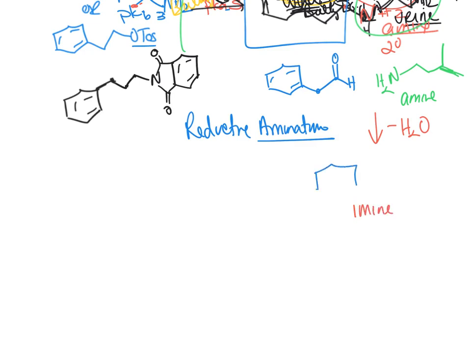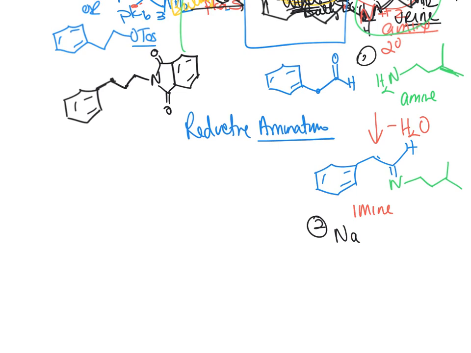So we will have this here, and then the nitrogen comes here, forms the carbon-nitrogen double bond. And so that's the first thing you do. You just react this amine and this aldehyde.